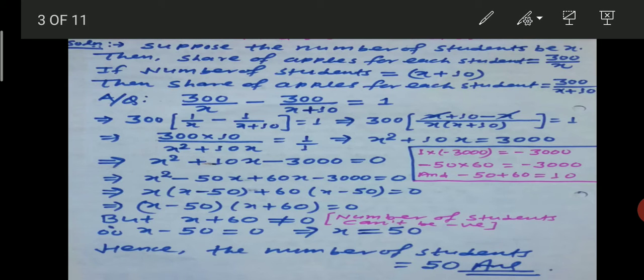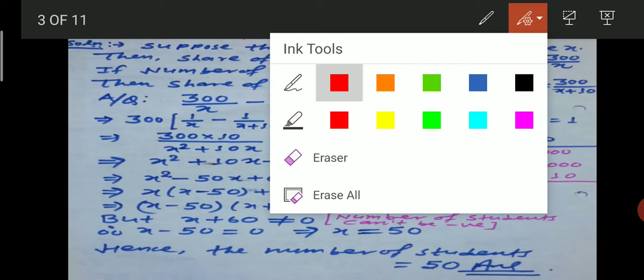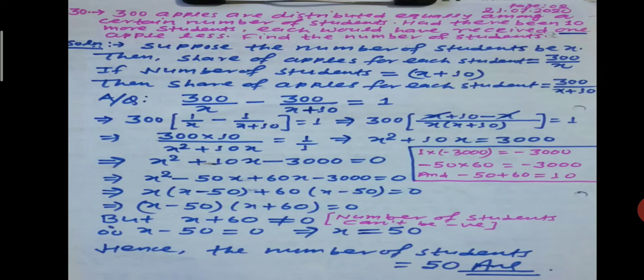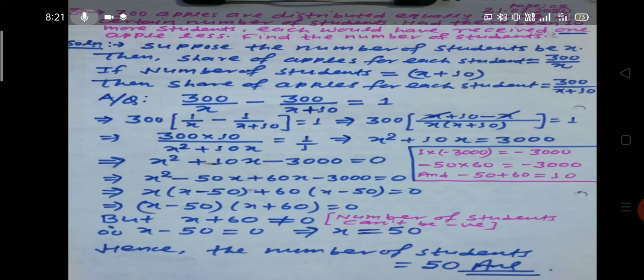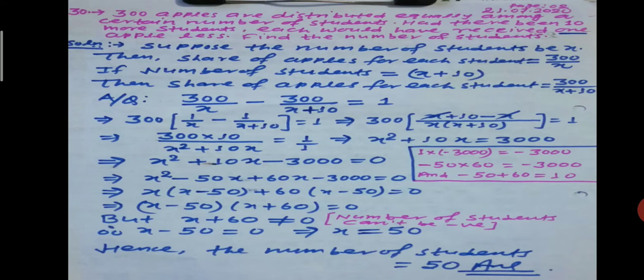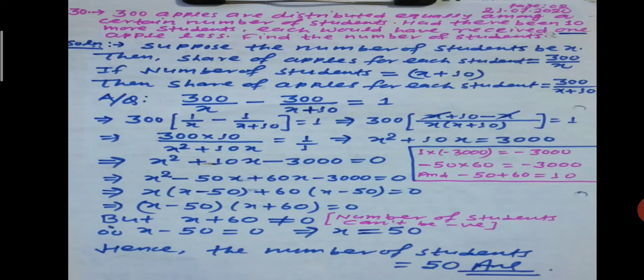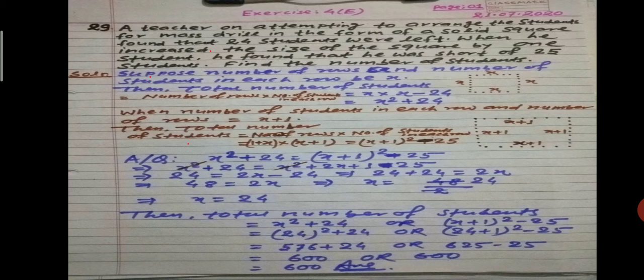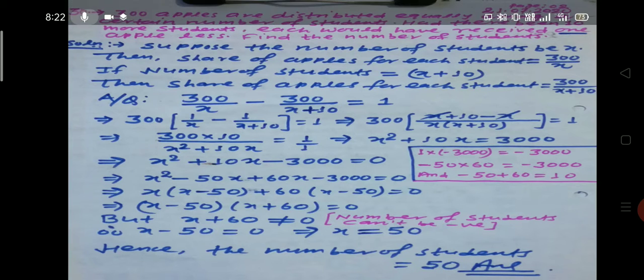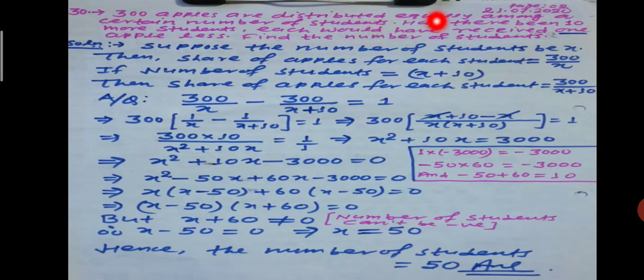Now let us see question number 30. Question number 30: 300 apples are distributed equally among a certain number of students.